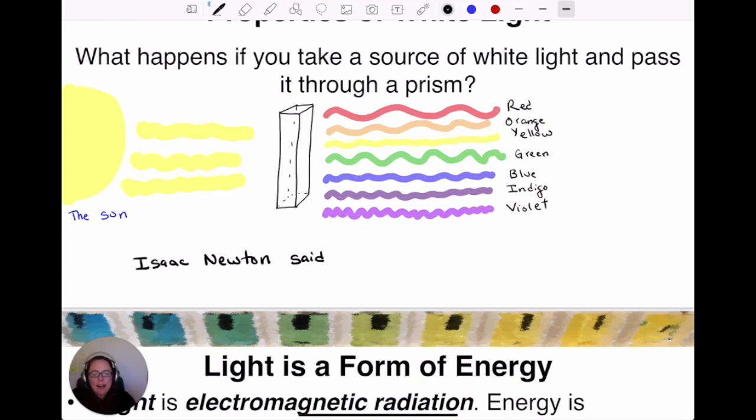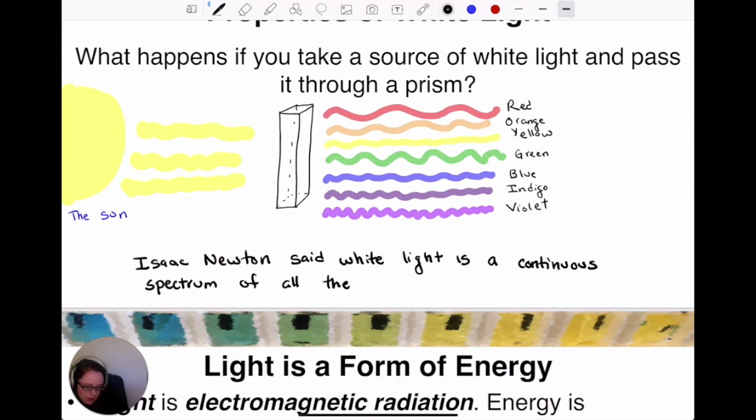And he said that white light is a continuous spectrum of all of the other individual colors. There we have our prism.